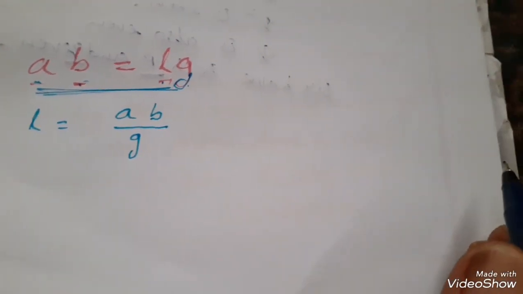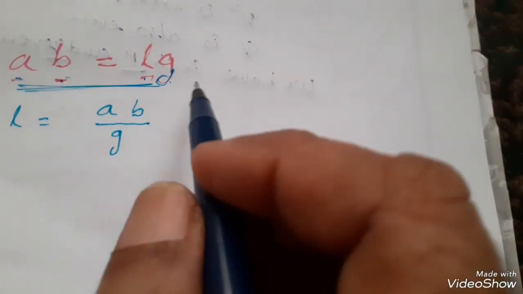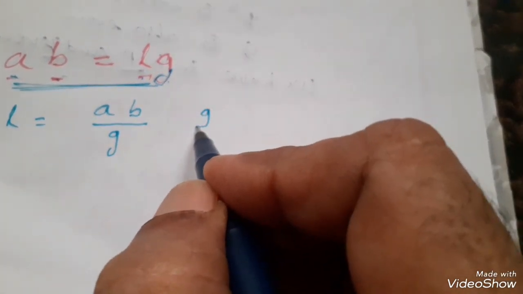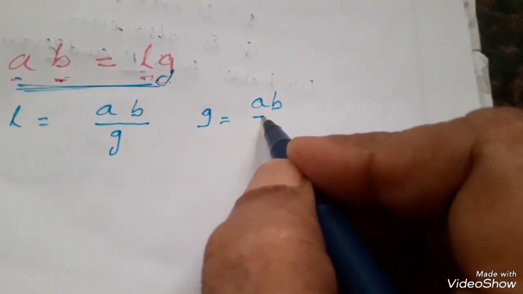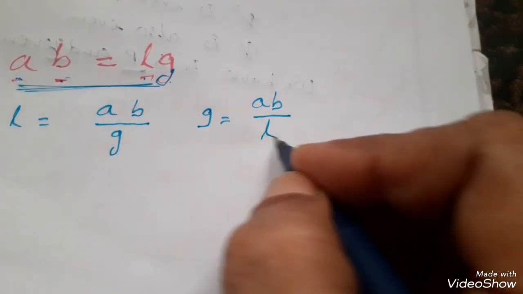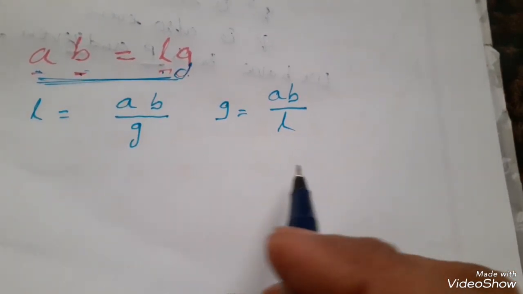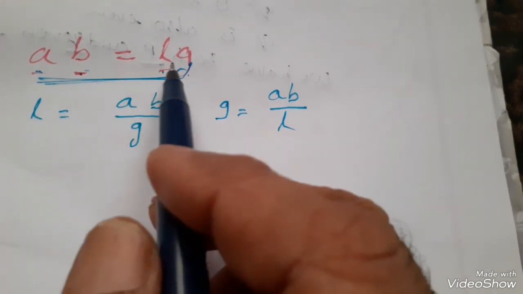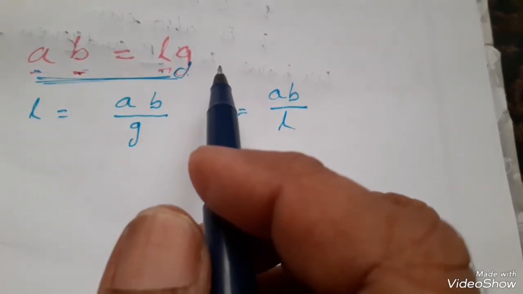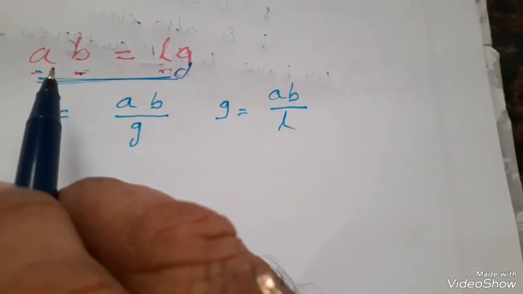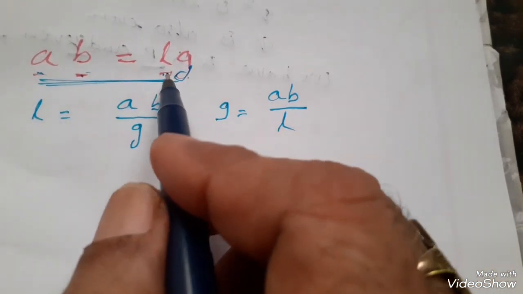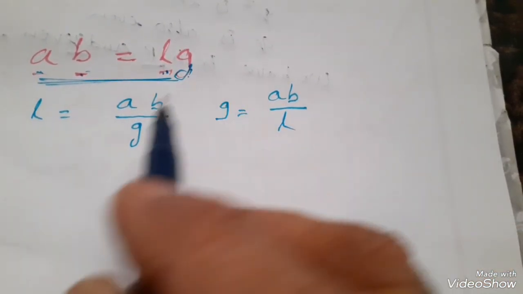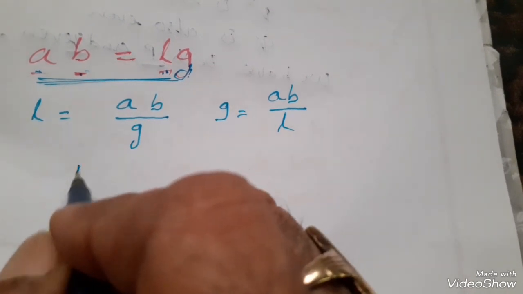In the same way, when the LCM is given, we can find the HCF. G, that is HCF, equals the product of two numbers divided by the LCM. And when you are given the LCM and HCF of two numbers and one number, we can find the second number.